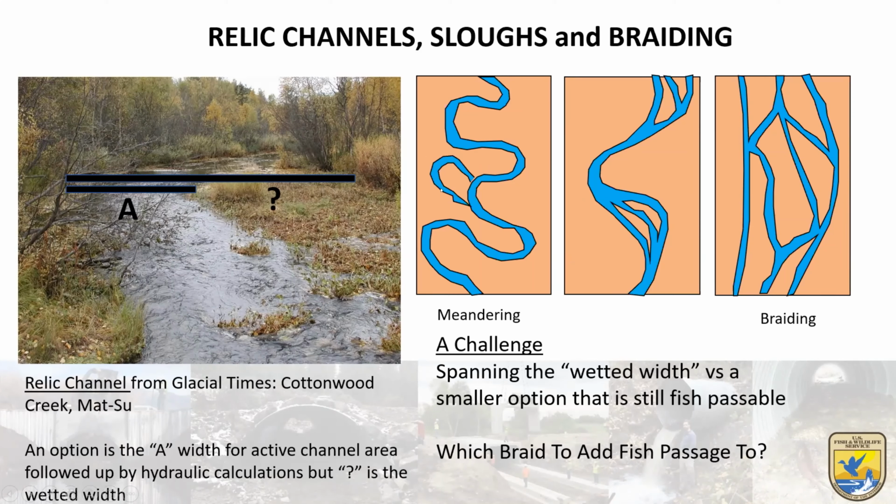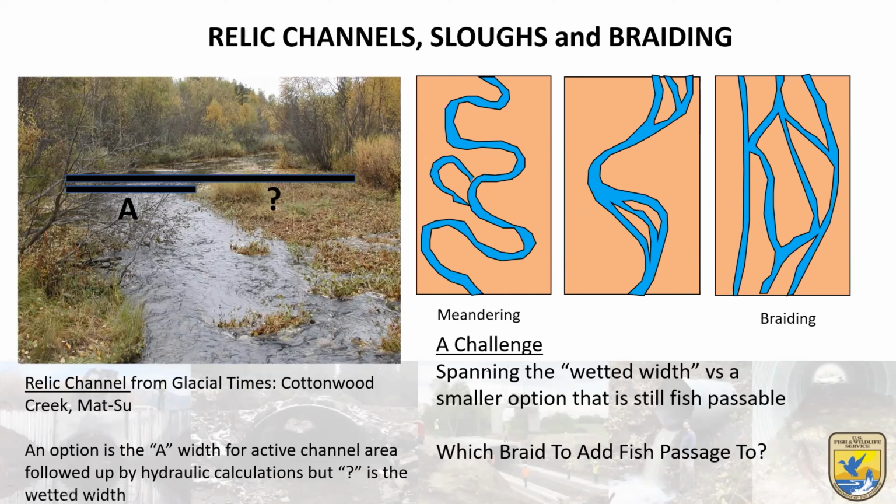Meandering channels sometimes break off these meanders and they become sloughs. If there is more sediment than the water can handle, there will be an evolution to a braided system, which you see here on the right. And braided systems are as challenging as or more so than sloughs are.